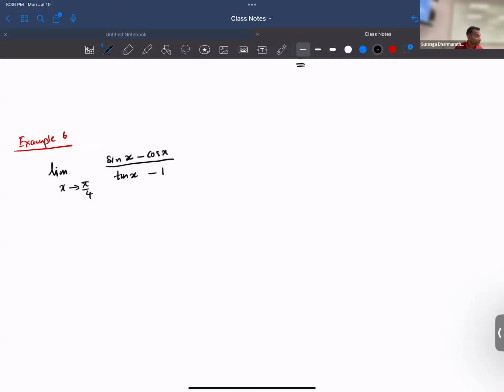Cosine pi over 4 is equal to sine pi over 4. Are those two equal? Let's see. What is cosine pi over 4? You can find it in your calculator. We don't remember.